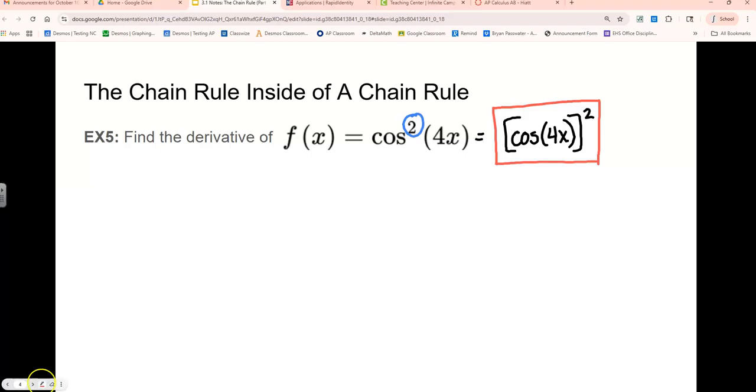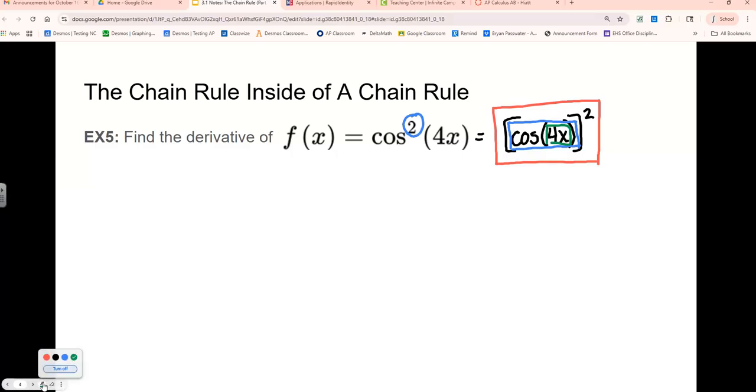So then if being raised to the second power is the outside, then cosine of 4x is our inside. But is there a more inside? There is a 4x on the very inside here. So you're going to have to take the derivative 3 times here, right?